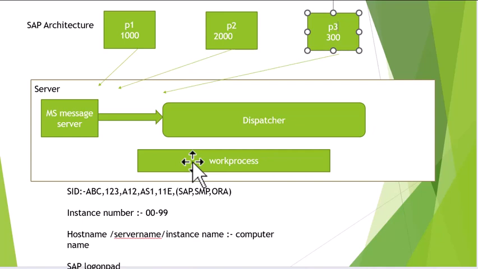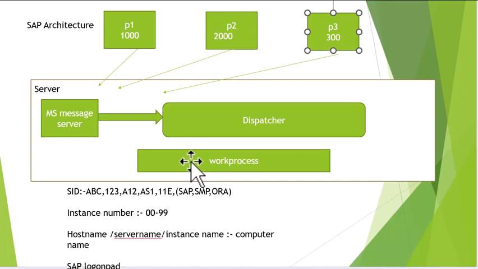When you want to install a SAP system, always remember that we have a name. Every person has a name, and people call us by our names. Even in the SAP world, every SAP system has its own name.